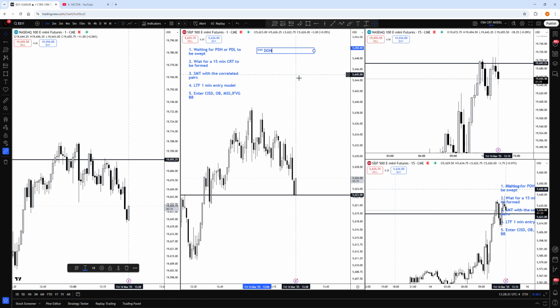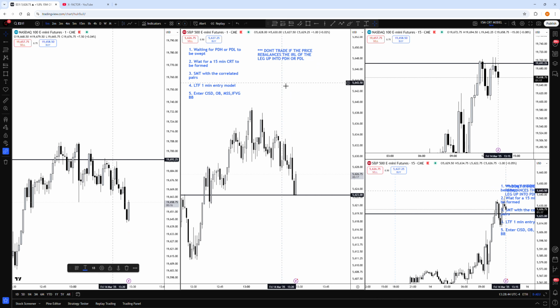So let's put that down here. Don't trade if the price rebalances the internal range liquidity of the leg up into PDH or PDL. Do not trade if the price rebalances the internal range of the leg up into the PDH or the previous day low.